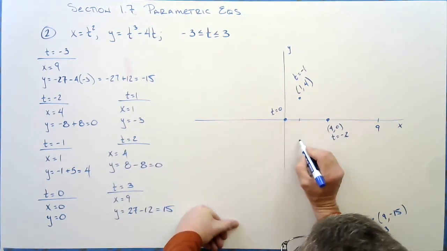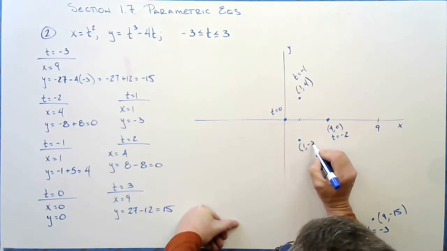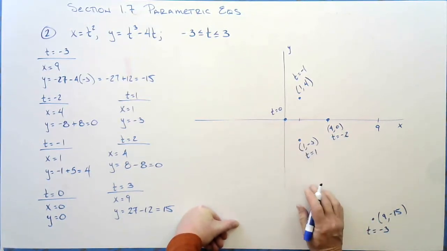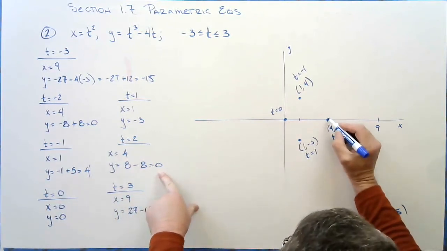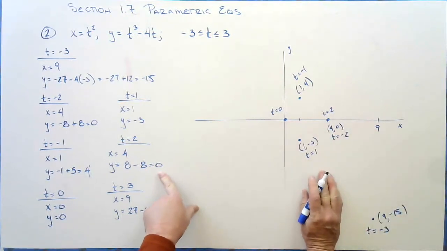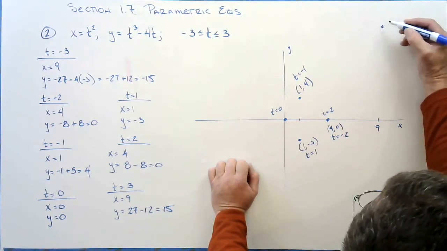X is 1, y is -3 is going to be here. Now this is 1, -3, and that's going to be t equals 1. Then at t is 2, we get x is 4, y is 0. That's going to put us right back here. So this is also going to be our point for t equals 2. And then for t is 3, we're going to have 9. But instead of -15, we're going to have positive 15.